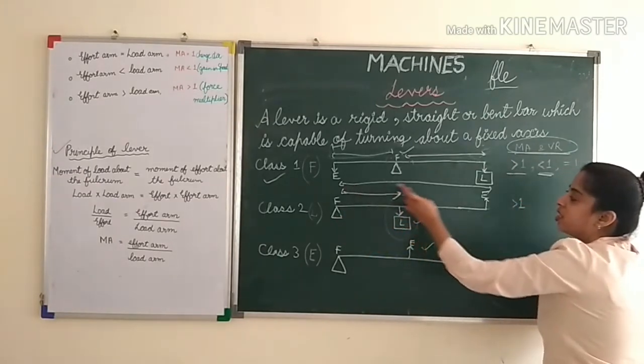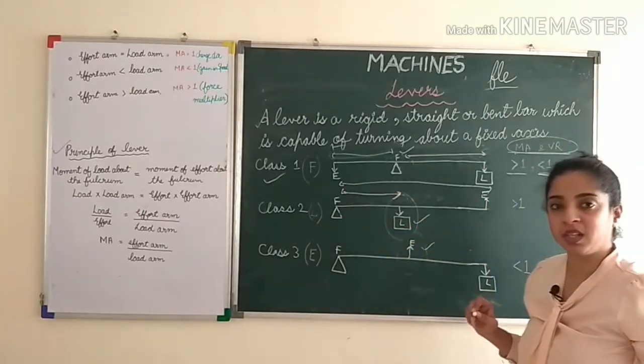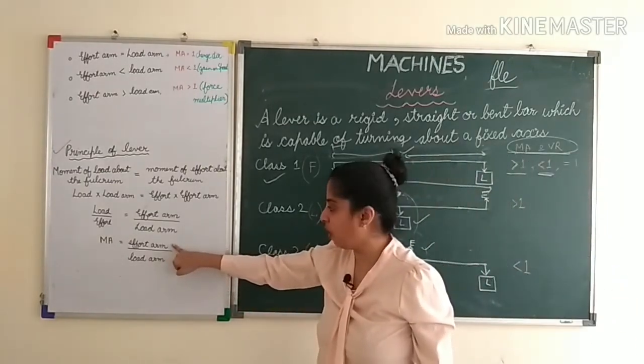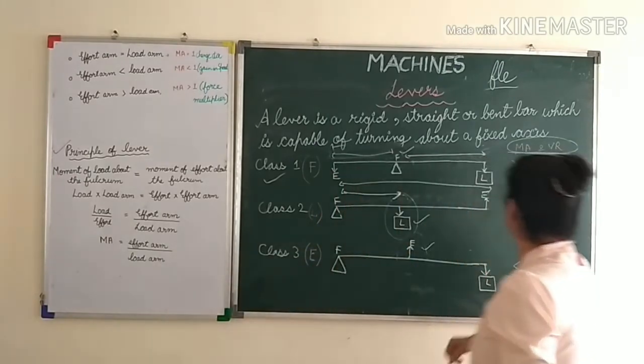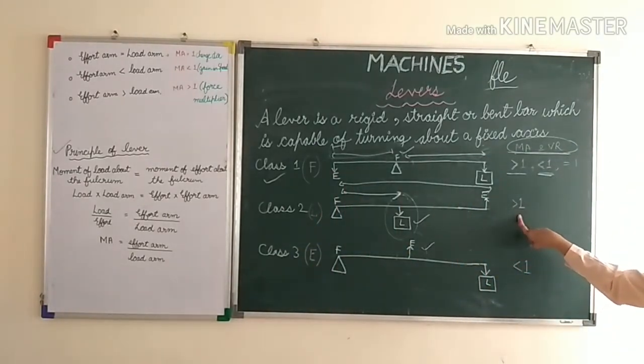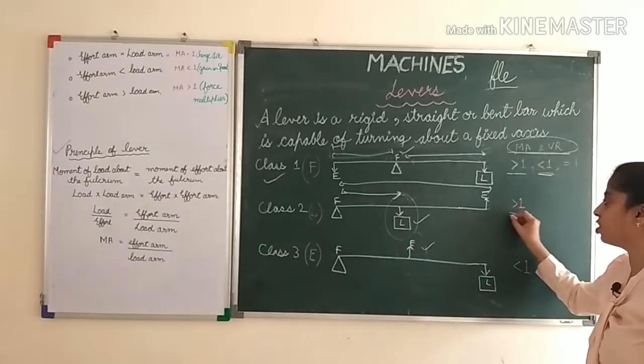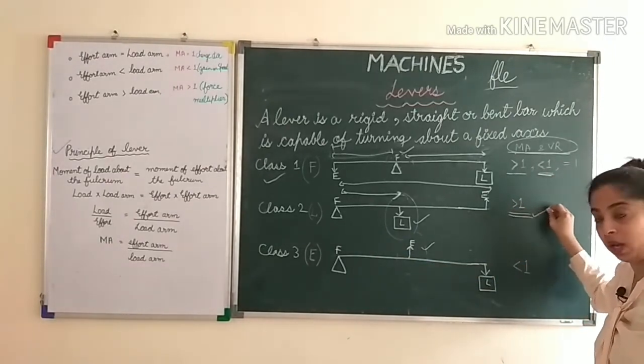So here you can see the effort arm will always be bigger than the load arm. If effort arm is always bigger than load arm, then mechanical advantage will always be more than 1. So in a class 2 type of lever, mechanical advantage and velocity ratio are always more than 1.